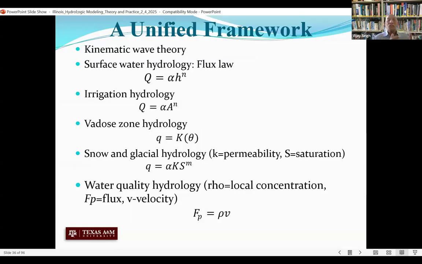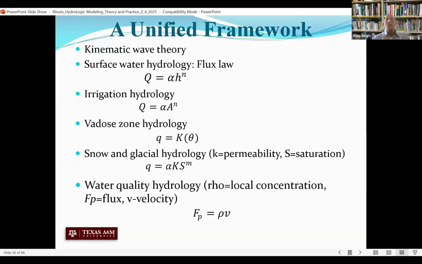In the vadose zone, it is expressed as Q, which is actually flux per unit area, like a velocity, directly proportional to the hydraulic conductivity as a function of capillary potential or moisture content. Remember, unlike the Darcy equation where K is constant, here K varies with the degree of saturation or the moisture content.